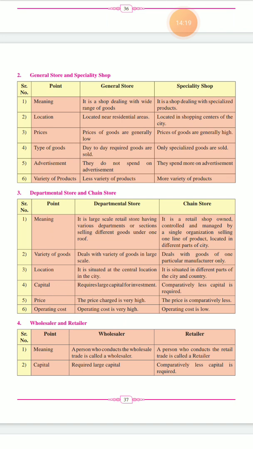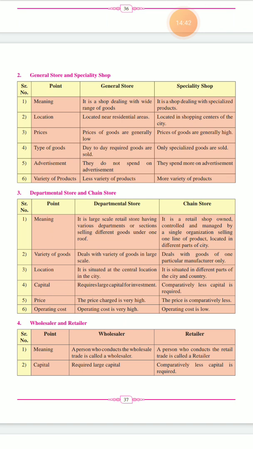In chain store, it is a retail shop owned, controlled and managed by a single organization selling one line of product located in different parts of the cities. Okay, I have given you examples. Departmental stores are what, DMart and all, these are departmental stores. Okay, DMart, then Star Bazaar, Big Bazaar.